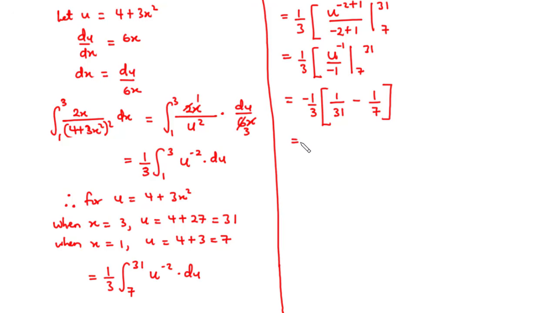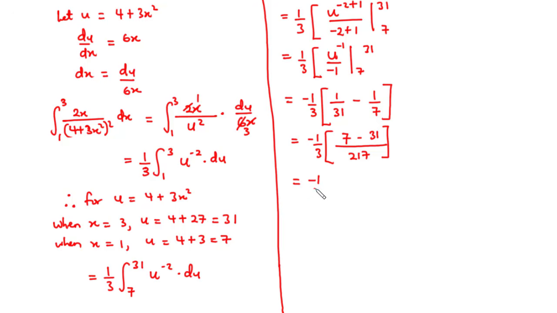Now the LCM between 31 and 7 is 217. So we have negative 1 over 3, and then the LCM is 217. 217 divided by 31 is 7. 7 times 1 is 7. Minus 217 divided by 7 is 31. Times 1 is still 31.